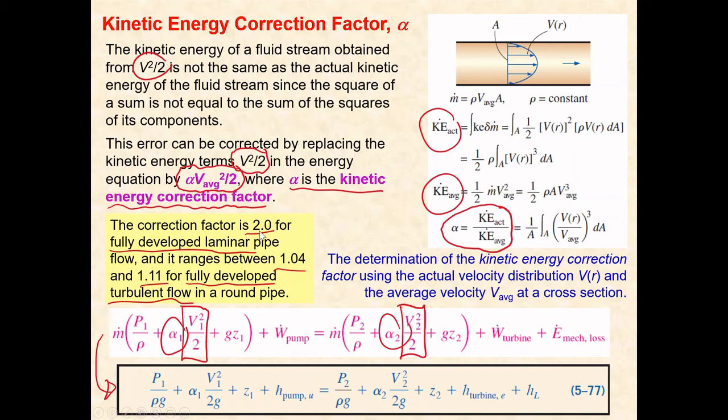You get about 2.0 for fully developed laminar pipe flow and 1.04 to 1.1 for fully developed turbulent flow in a round pipe. So that's why we need the correction alpha 1 and alpha 2 in the energy equation. This correction is necessary if you want your estimation to be accurate.